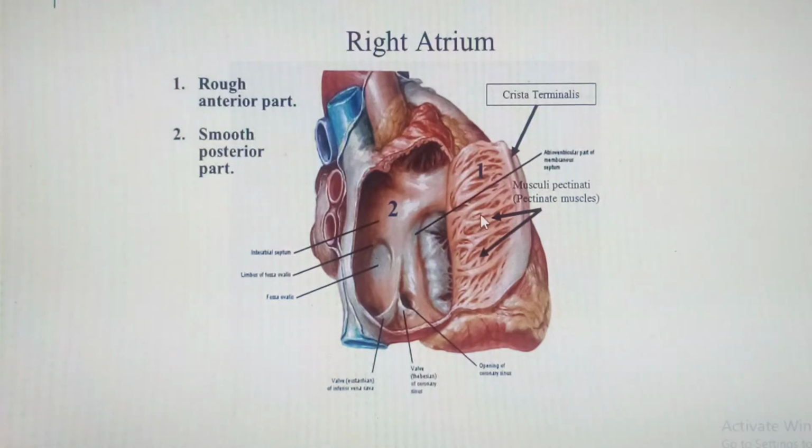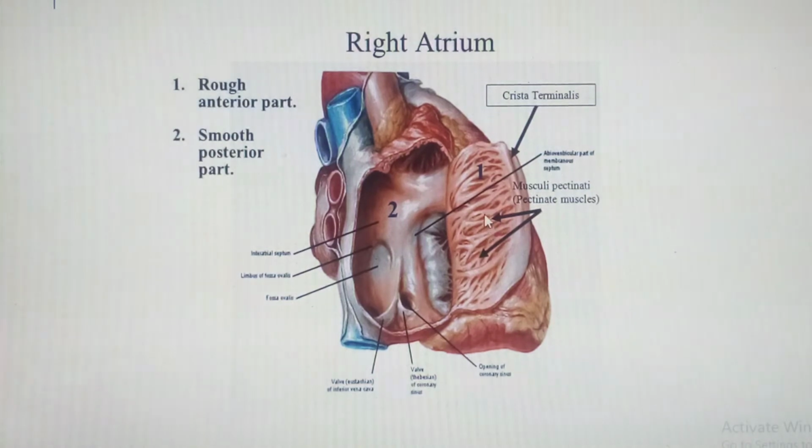Now, these rough projections that we find here are known as musculi pectinati, or the pectinate muscles. What's the function of these pectinate muscles? They ensure that there's increased power of contraction in the right atrium without the heart increasing in mass or hypertrophying. These are some important bits of information that we have to know.